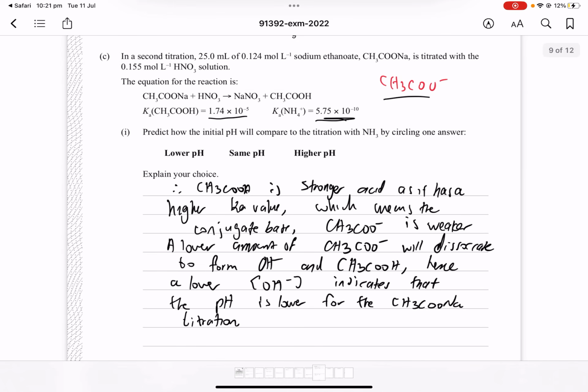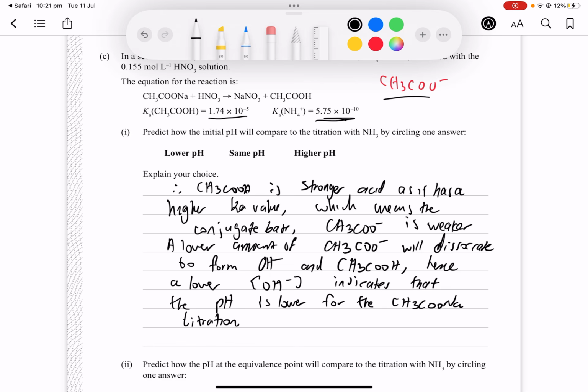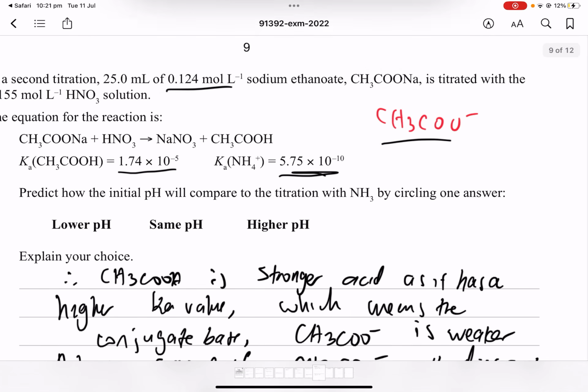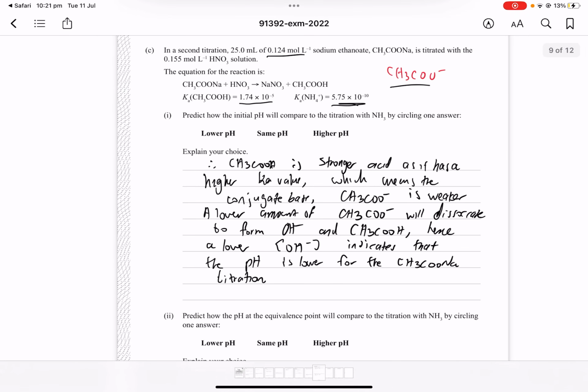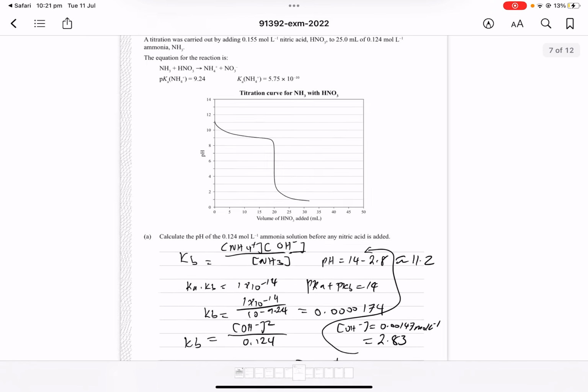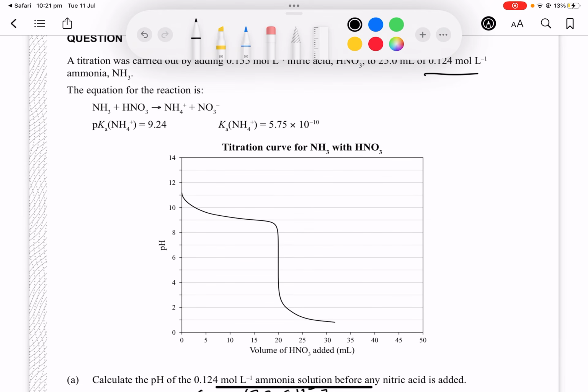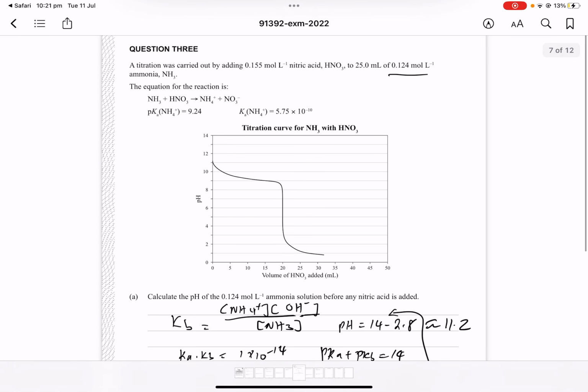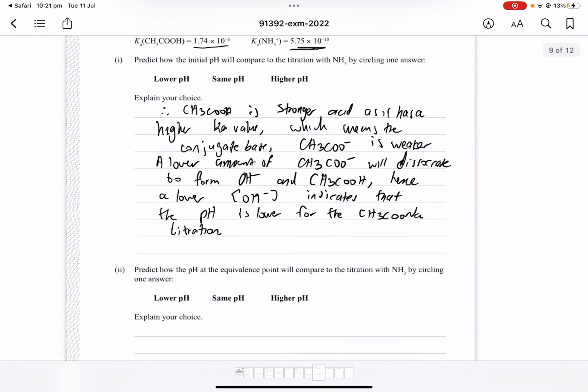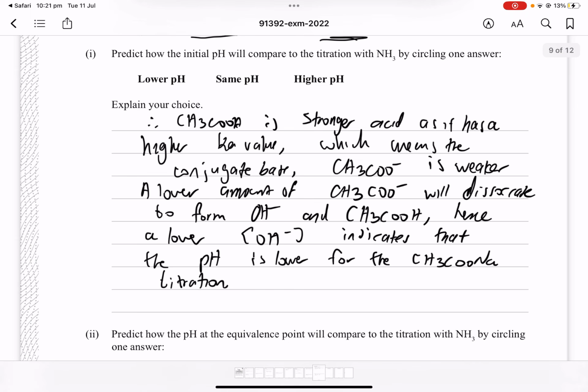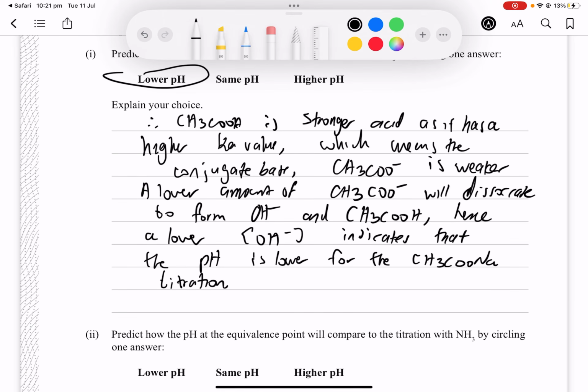And this is obviously assuming that the initial concentrations are the same, which indeed they are. So you have 0.124 mole per liter of CH3COO minus, and for the initial titration, it was also 0.124 mole per liter ammonia. So the concentrations are the same. Therefore, since the initial concentrations of the base are the same, and CH3COO minus is a weaker base, it produces fewer OH minus ions in water, and fewer OH minus ions means that the pH will also be lower. So we have a lower pH there.